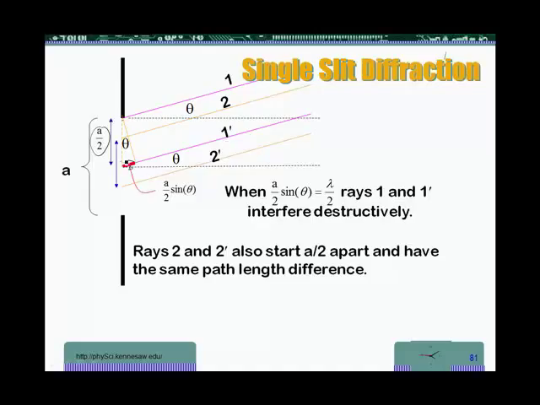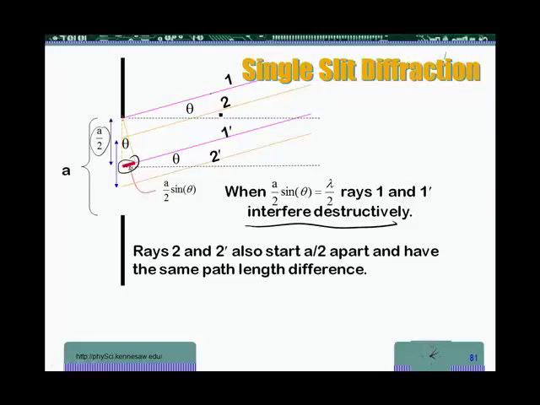Now, if the path difference between these two beams is equal to lambda over 2, then ray 1 and ray 1 prime are going to add up destructively.